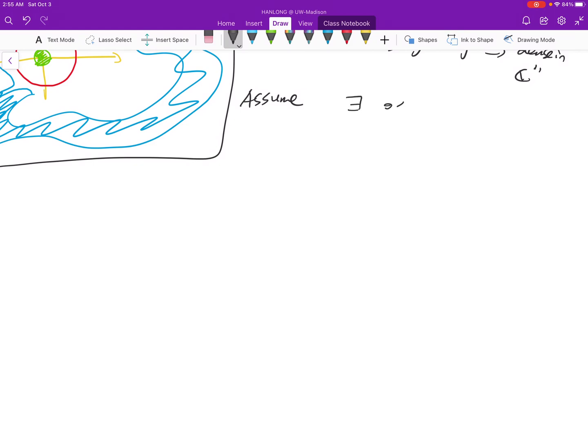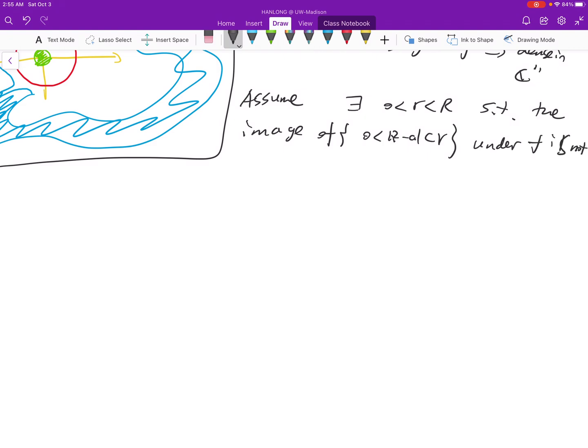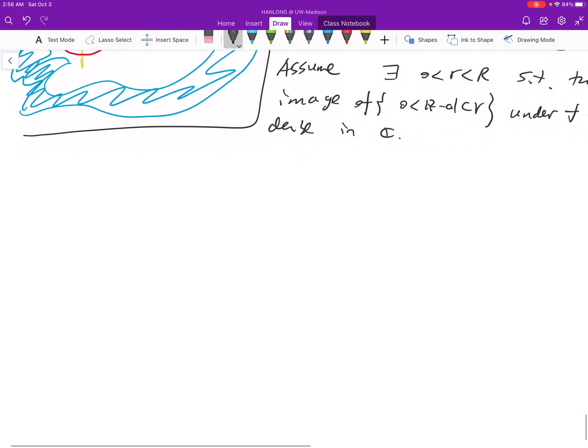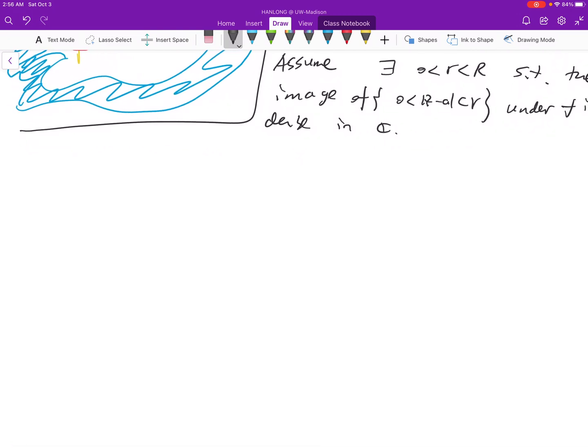Assume there exists a small punctured disk whose image under f is not dense in C. Now we want to reinterpret the dense property in the other way.